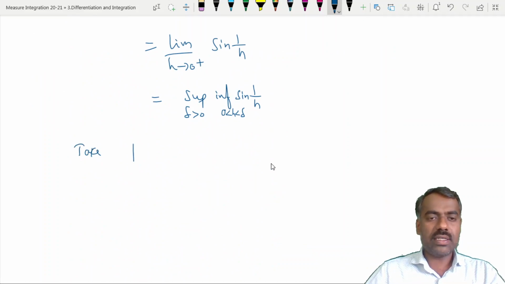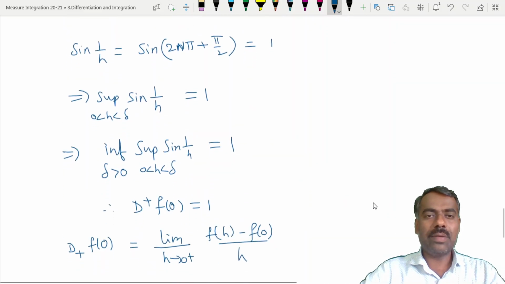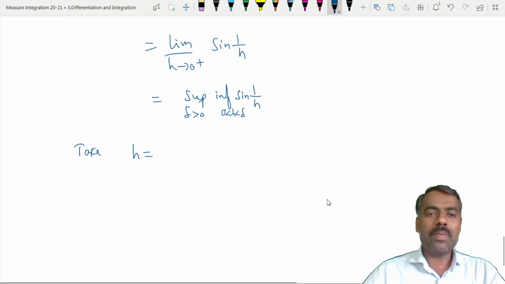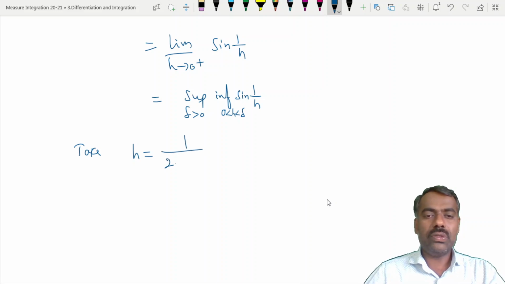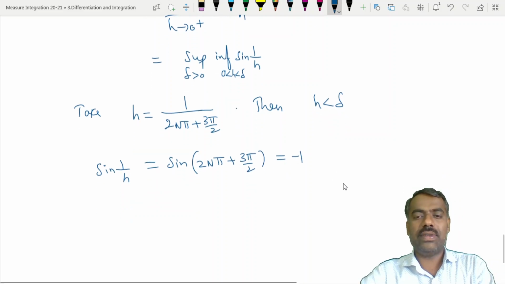Take h equal to, as we took 1 by 2n pi plus pi by 2 before, now 1 by 2n pi plus 3 pi by 2, because we know sine 3 pi by 2 is minus 1, right? Then again h is less than delta, and sine 1 by h is equal to sine of 2n pi plus 3 pi by 2, which is the same as sine 3 pi by 2, so this value is minus 1, right?